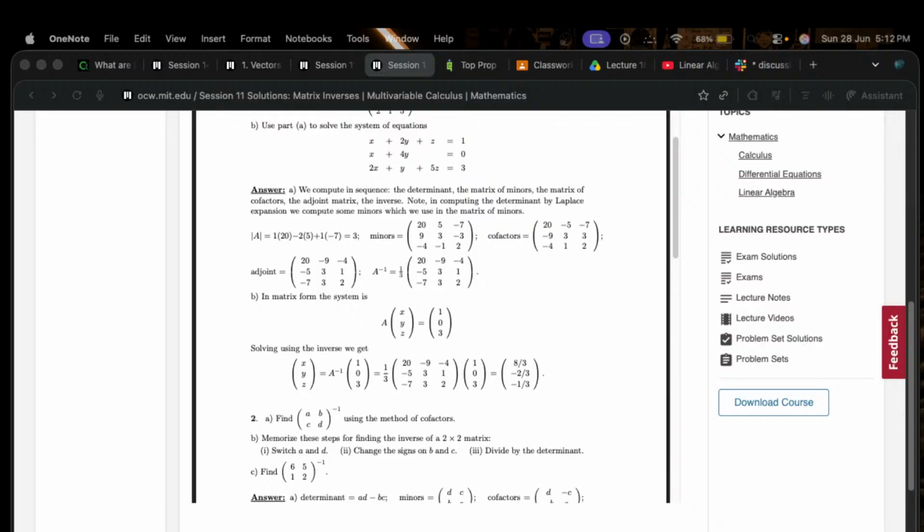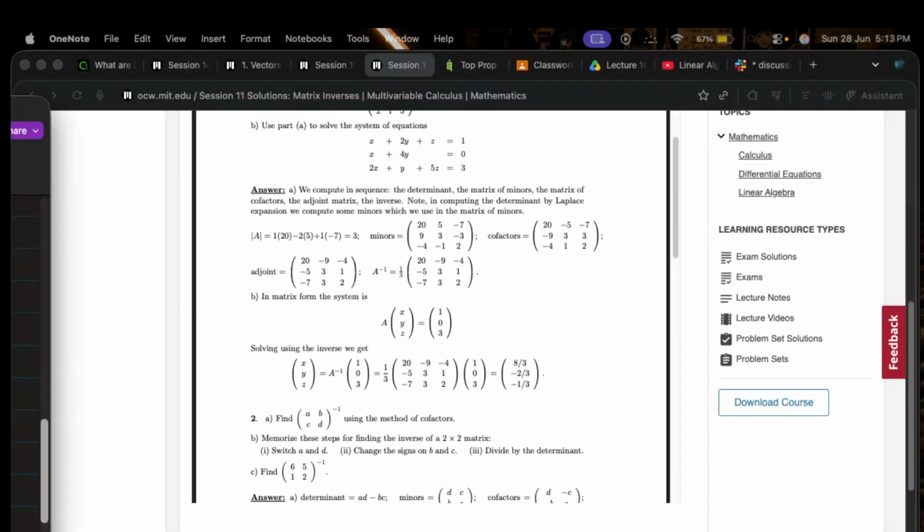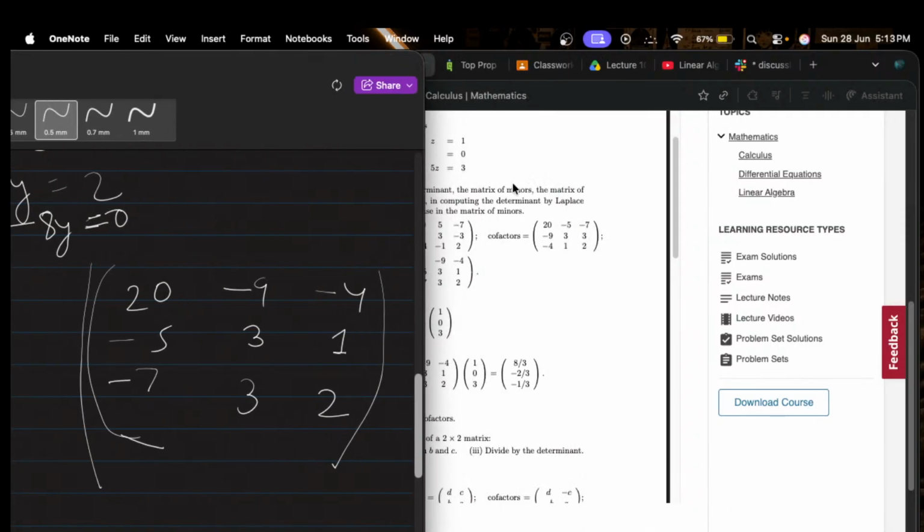Okay, so adjoints are just a rotated version of the cofactors. Here the adjoint is 20, minus 5, 7, and on this side it should be 20, minus 5, 3. So adjoints are just the interchanged version of rows and columns from the cofactors. I was just doing this here, you can see.